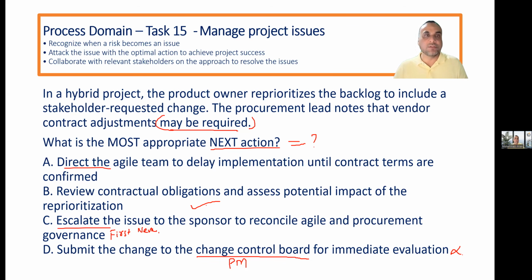The project manager's next action. When you answer this, what did you think? Are you answering as a team lead, or as the full project manager? As a PM, next action. Yes. Very good. Perfect. B is the correct answer.